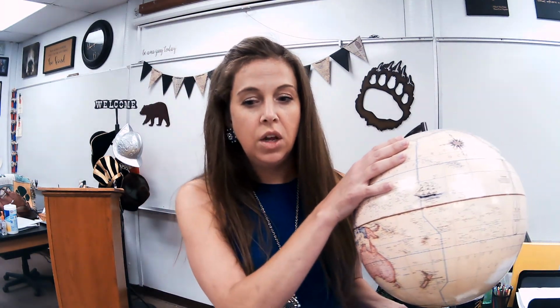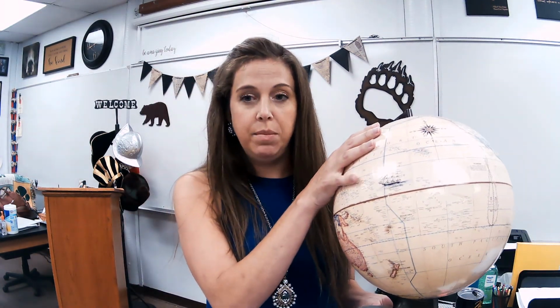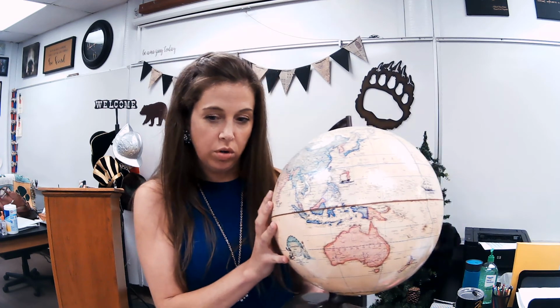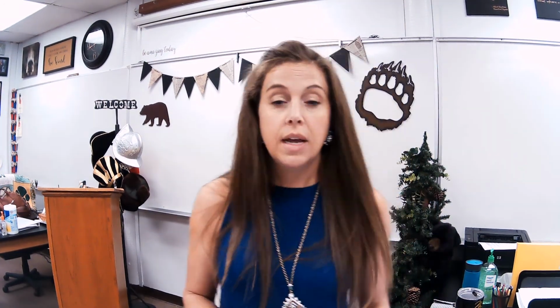Globes mostly are proportionately correct. Again, meaning we can have a general understanding of where things are located in the world, what direction things are in comparison to other. So maps or globes are really good for that.